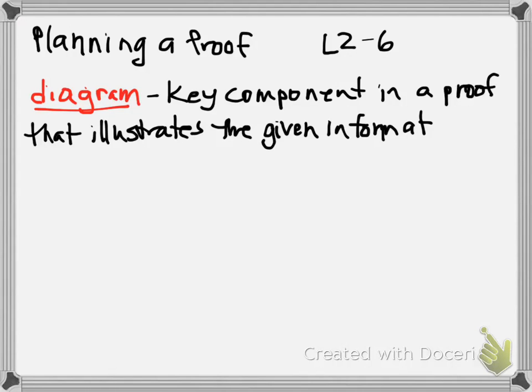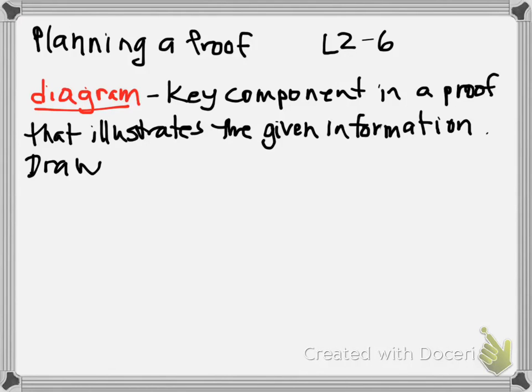Now, there are most times where it's given to you already, but there are other times where they give you a scenario, and it asks you: what do you know, what's given, what are you trying to prove, what's the end result, and draw a diagram that goes with the given. So there are times where you're going to have to create everything, okay?